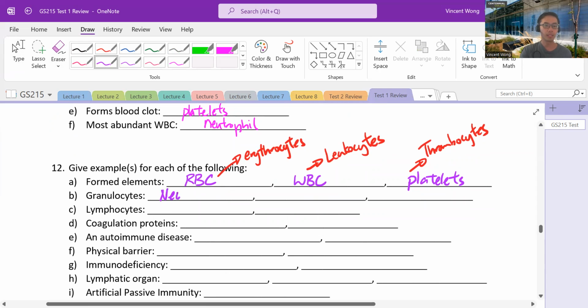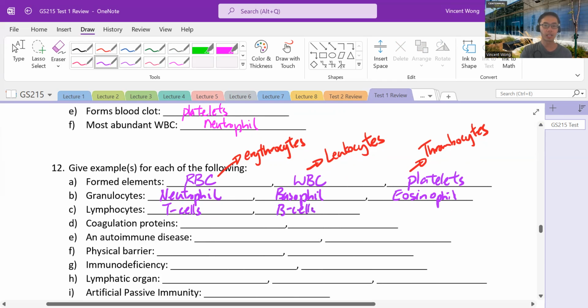Granulocytes. We did this a couple times already. So neutrophils, basophils, and the eosinophil for fighting parasites. Next, we have the lymphocytes, which are T cells and B cells.